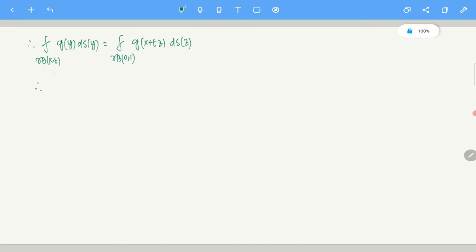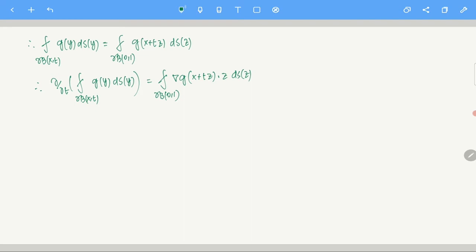Therefore if you take the derivative with respect to t, so del t of the integral over del B(x,t) of g of y dS of y, this is going to be the integral over del B(0,1) of gradient of g at x plus tz, dot z, dS of z, right?